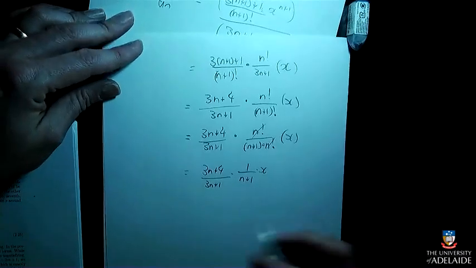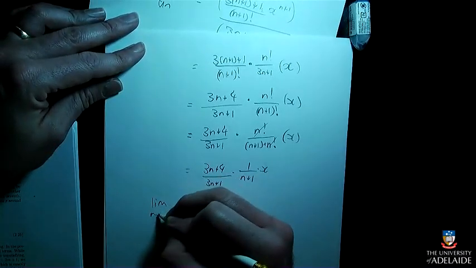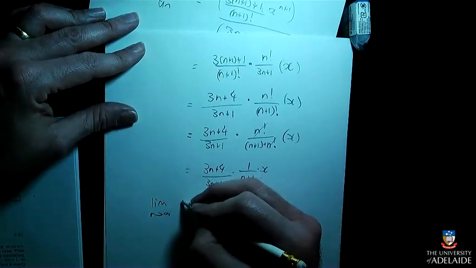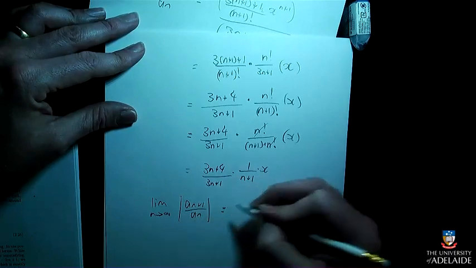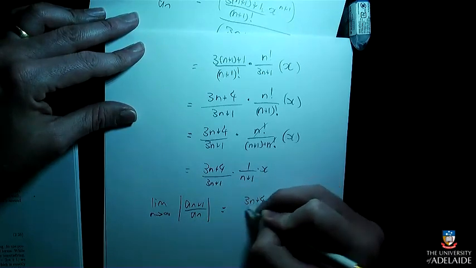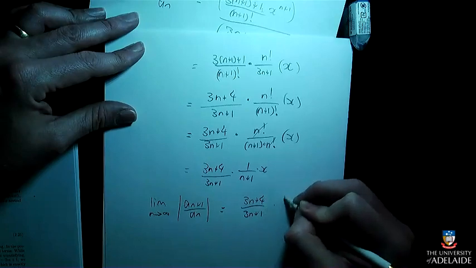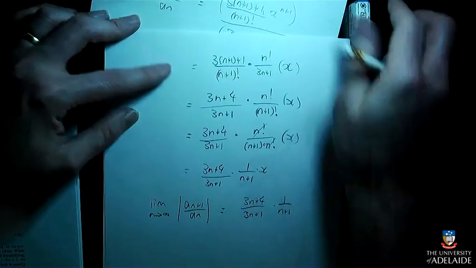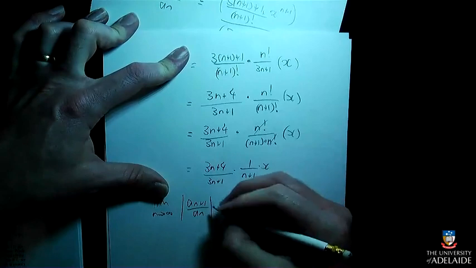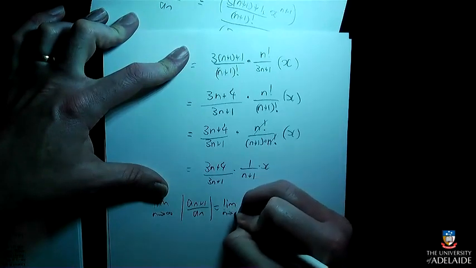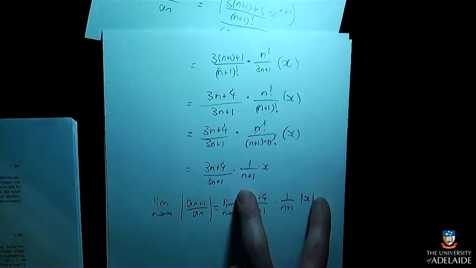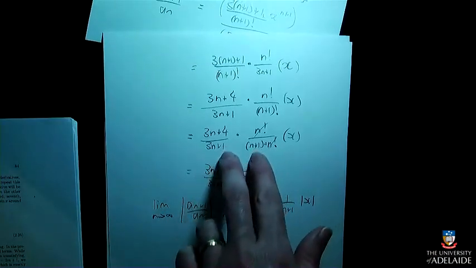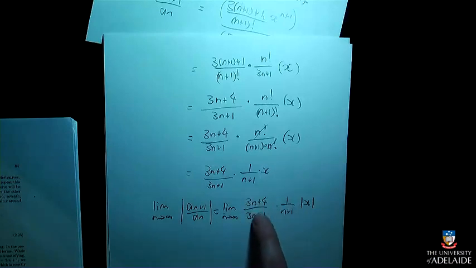Okay, so we need to do the limit as n goes to infinity of the absolute value of a(n+1) over a(n). Now, the reason I haven't put absolute values around all of it is that you can take the absolute value of each bit separately when you multiply, and this bit's already positive because n is a positive whole number.